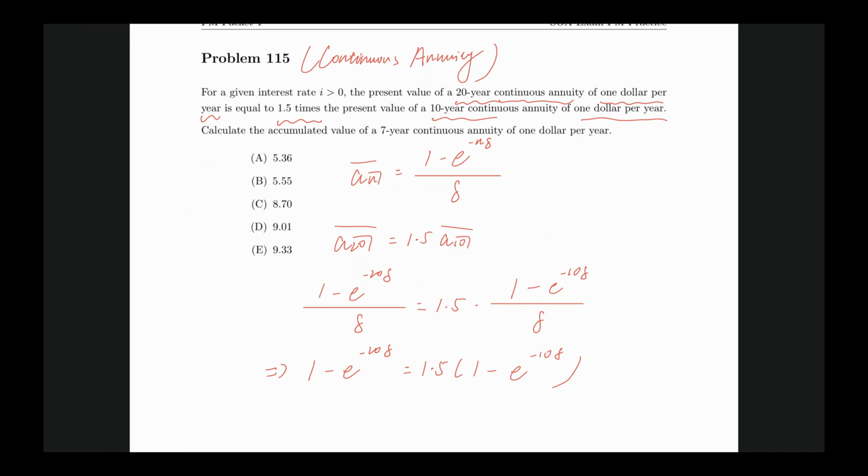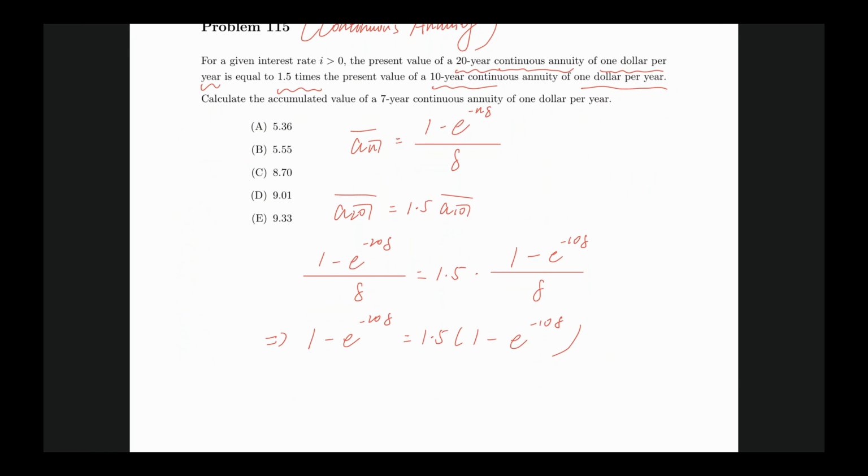In actuarial exams, we see these kinds of equations all the time, and a lot of people don't know how to solve for this directly. Honestly, this is just going to be hard to solve immediately, but we can always use some tricks.